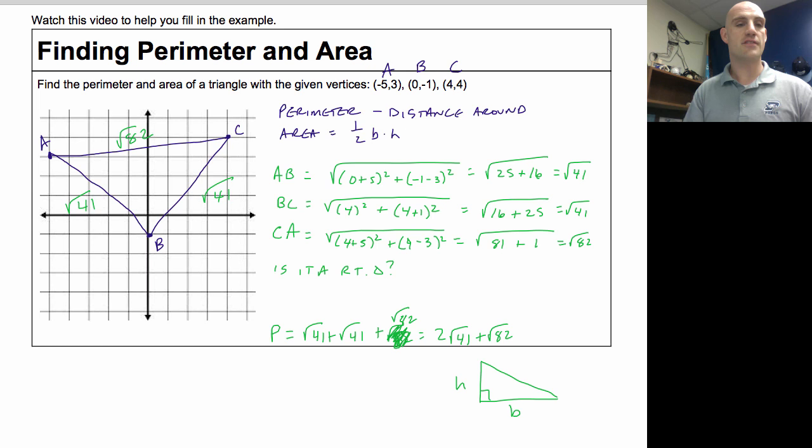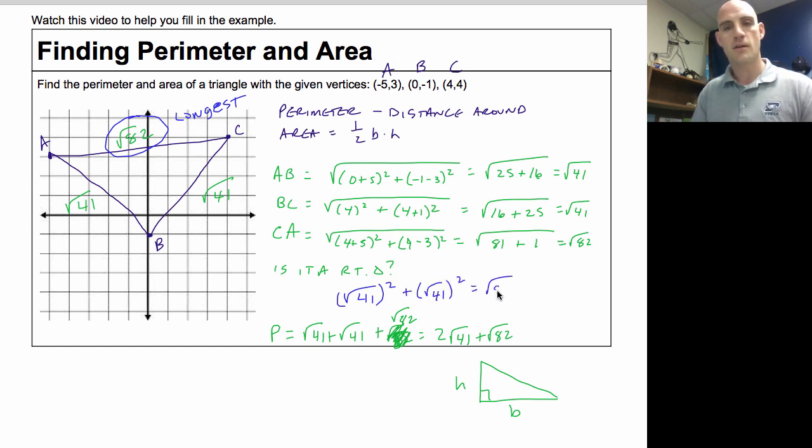Okay, so to test if it's a right triangle, we're going to go leg squared plus leg squared is equal to hypotenuse squared. Well, how do you know? This one's the longest. So we're going to test that one as the hypotenuse. So is the square root of 41 squared plus the square root of 41 squared equal to my longest side squared?